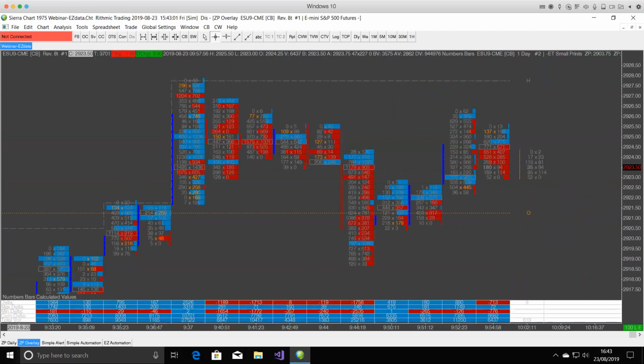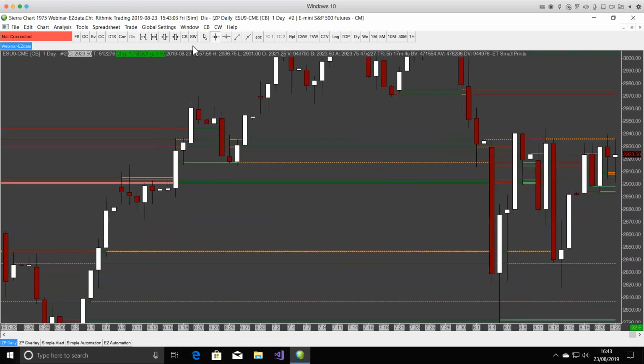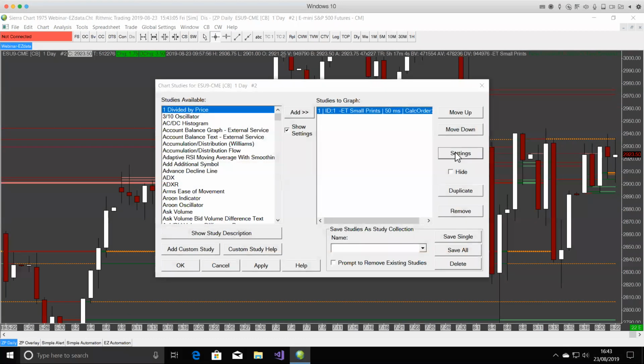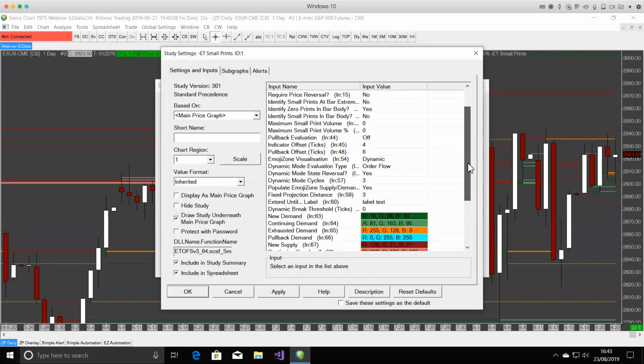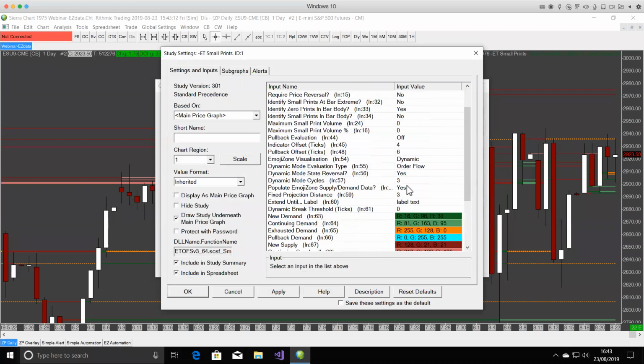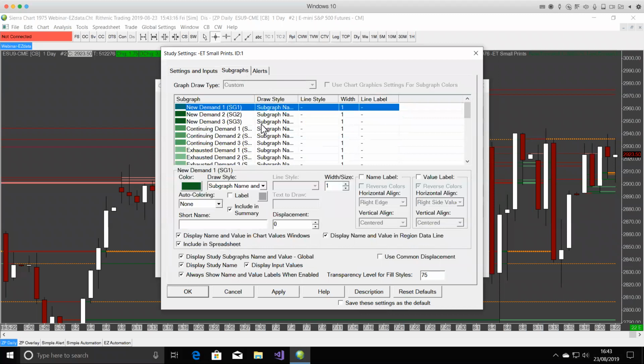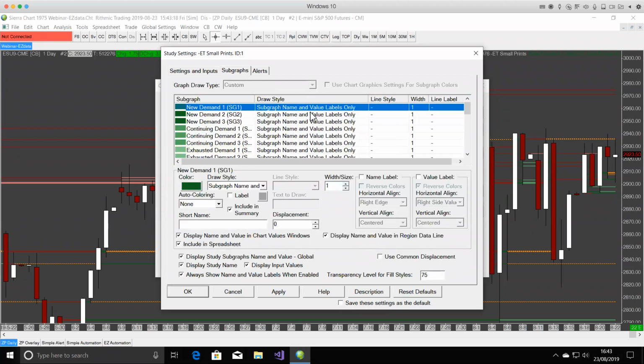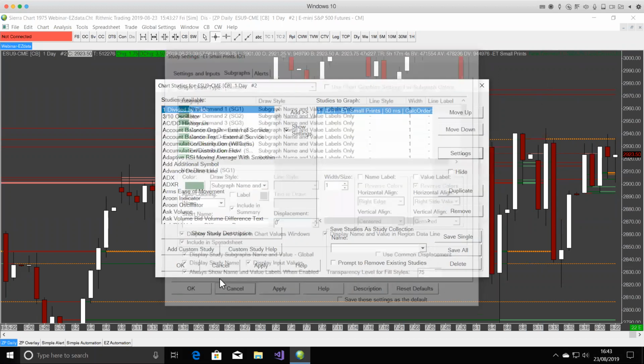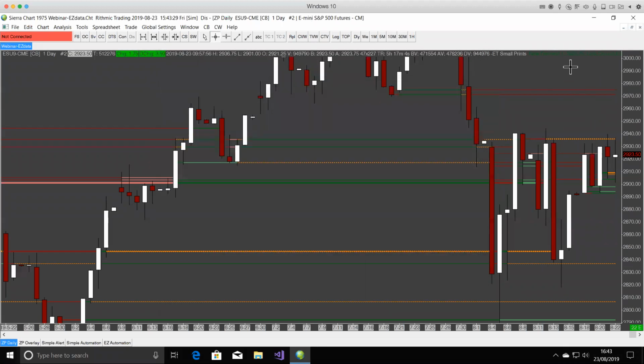Now, within this chart, if I go into the small print settings, you can see I'm saying populate Emoji Zone supply demand subgraphs. Yes. Here are my subgraphs. They're all set up to subgraph name and value labels only, and I'm not showing the name. I don't want to see any data stuff on this chart because I'm using this for visualization. But my aim is how can I get these levels onto this faster chart?